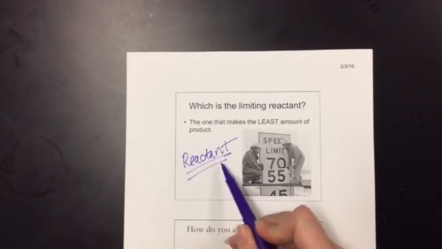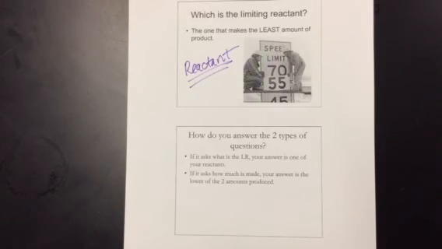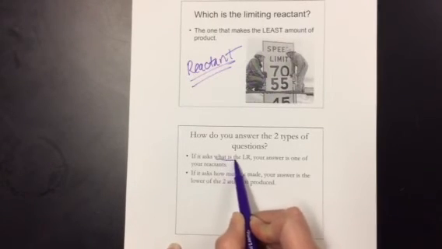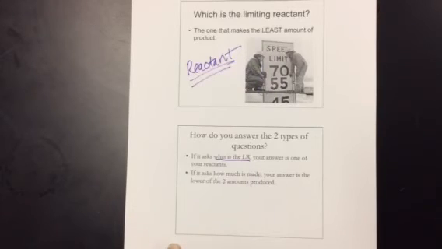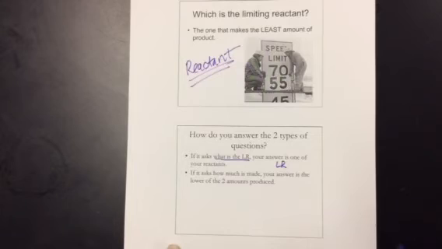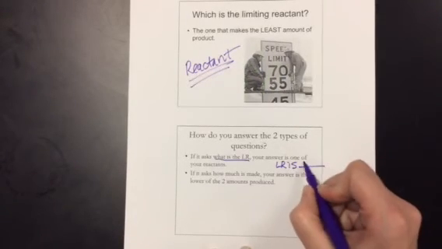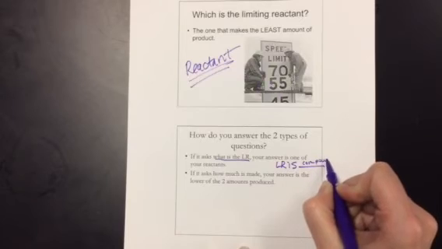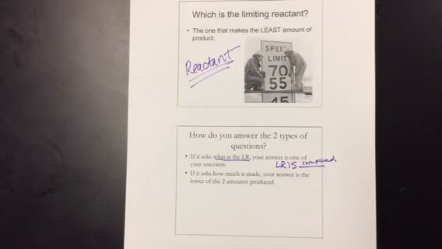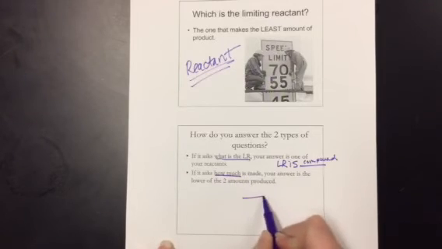With your reactants, there's 2 different ways of getting your answer. If the question says, what is the limiting reactant? Your answer, you're going to put down limiting reactant, or you can write LR, is, and then give the actual compound for an answer. But if it says how much, you're going to have an answer in grams.